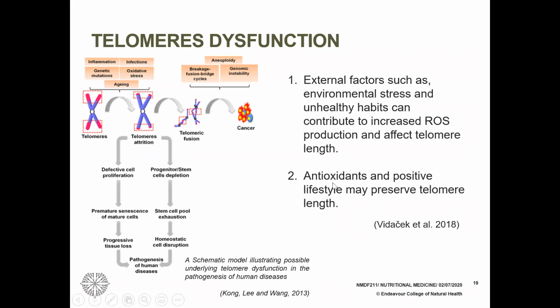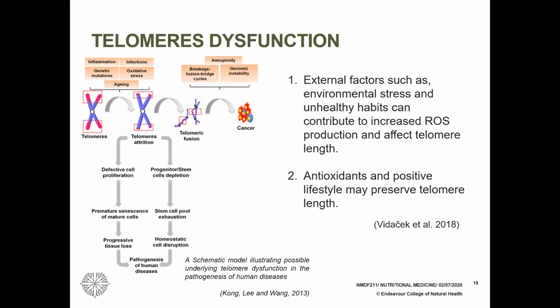However, we now know that if we are eating a diet rich in antioxidants, doing exercise, yoga, meditation, then somehow they are able to preserve the telomere length. So all this research about telomere has been associated a lot with preventing aging.